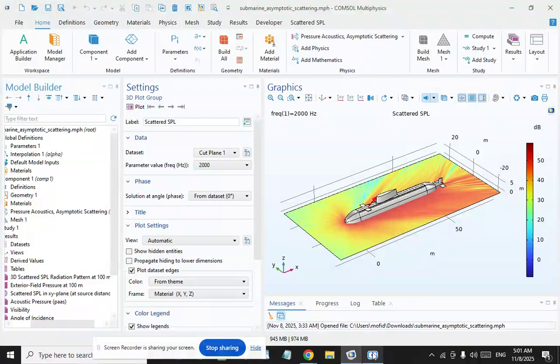By visualizing the three-dimensional radiation pattern, researchers can identify peaks and nulls in sound intensity, helping to optimize sound projection and reception in specific directions.